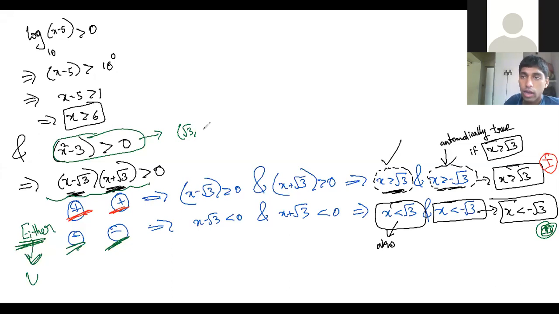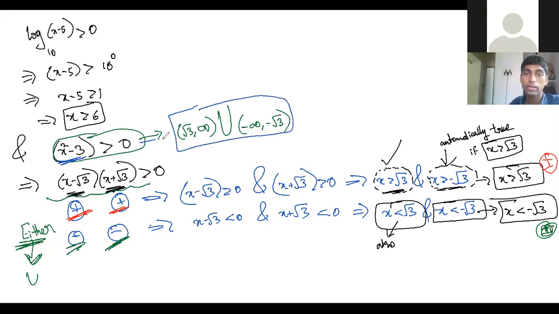Sir, till infinity. Yes, no bound is mentioned. Till infinity. Or x is smaller than minus root 3, which means beginning from minus infinity, it can take any value. So this is a very, very important part. x square minus 3 is greater than 0 can be further resolved into this solution. This implies x belongs to this. Okay. Is that okay?